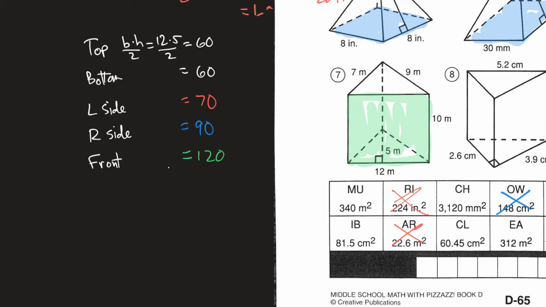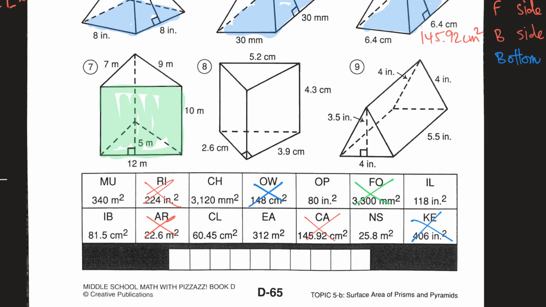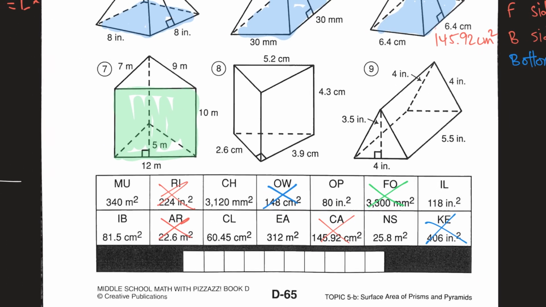And we need to now add up all of these areas together. I'm just going to add up 60 plus 60 plus 70 plus 90 plus 120. And I get 400. And hopefully that's one of ours. Oh boy, it's not.